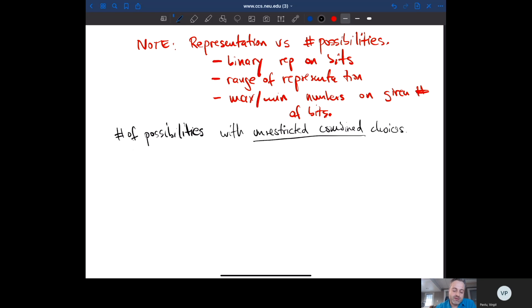We're going to call this the product rule, and we're going to get to this with Cartesian products later.